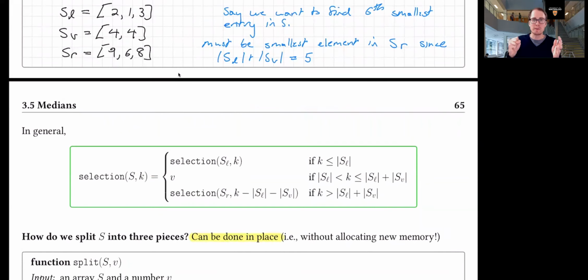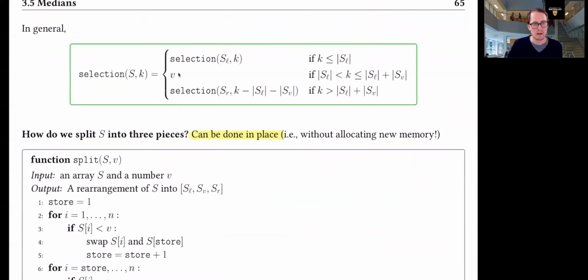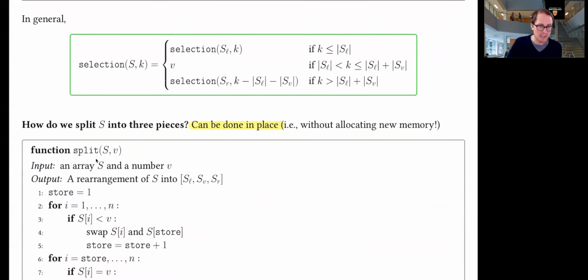So in place just means that rather than writing a new array, copying all the elements over, we're actually just going to do swaps in the current array and just rearrange the array S so that it takes the form S left, V, S right. So this function is going to be called split. It takes in S and a V, so an array S and a number V, and it rearranges S into the form S left, SV, S right.